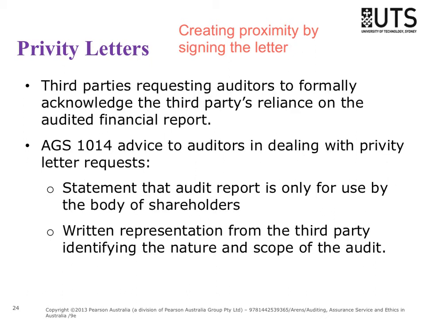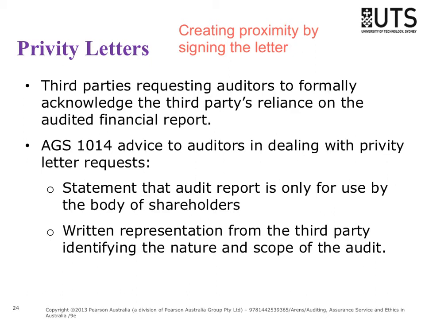What do we think? More difficult. All right. And if it's more likely that we're going to be sued more often, do you think our fees are going to go up or down? Up, because there's now more risk. Okay. If there's too much risk, audit firms will stop auditing.